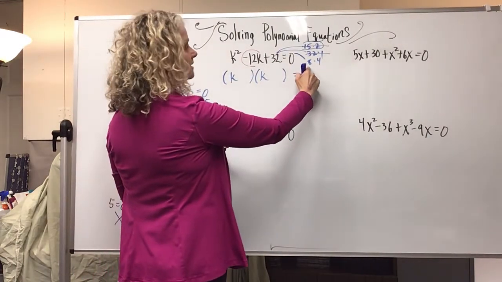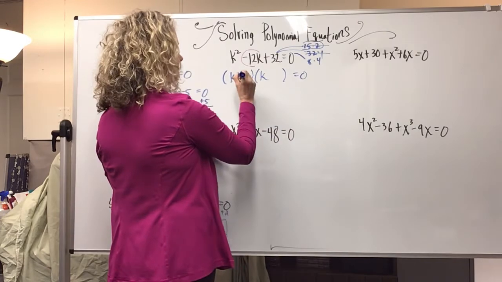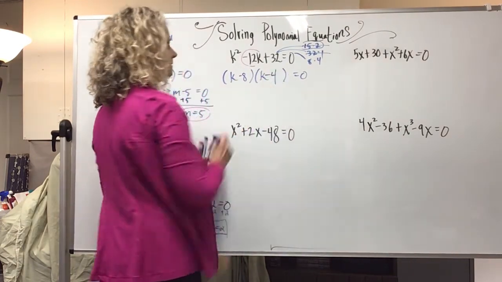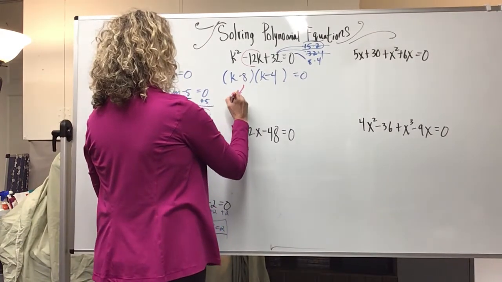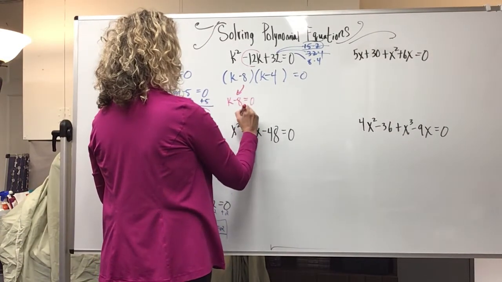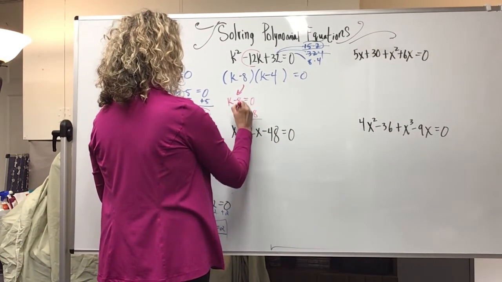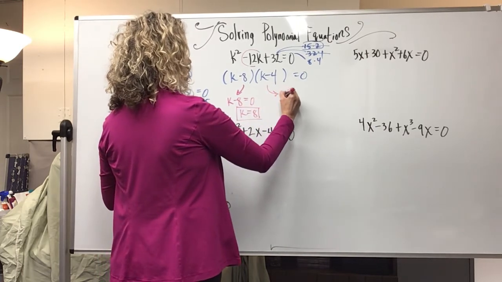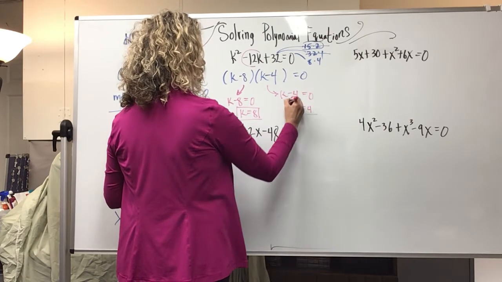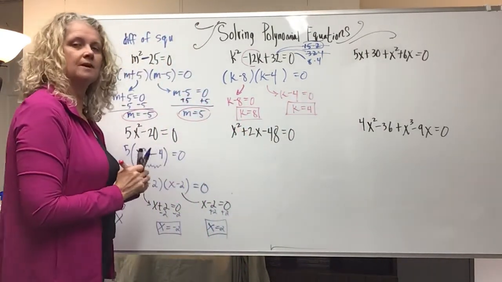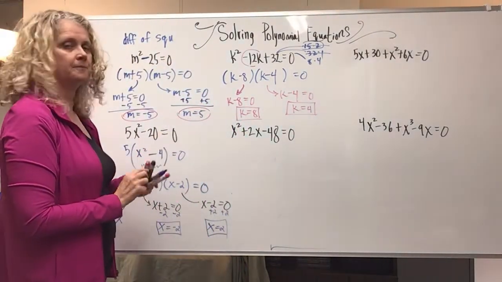Notice though, a negative 8 and a negative 4 give us negative 12. So we're going to set each piece equal to 0. And we have two solutions, 8 and 4.